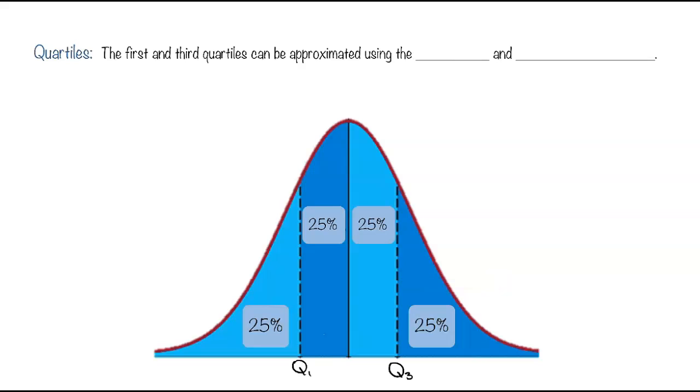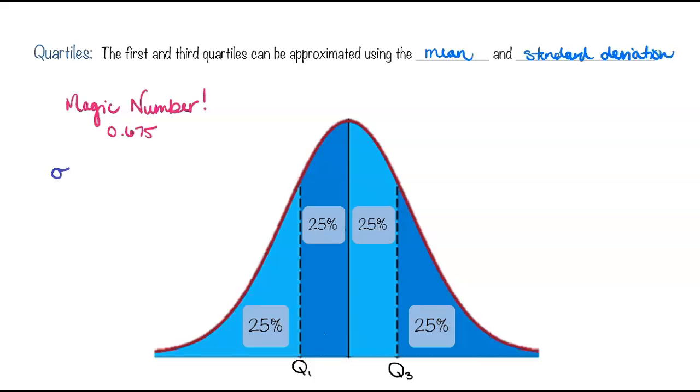We can calculate our quartiles using percentiles, but we can also estimate the first and third quartiles by using the mean and the standard deviation. If the data is normally distributed, we have what we call the magic number, 0.675 to be exact.